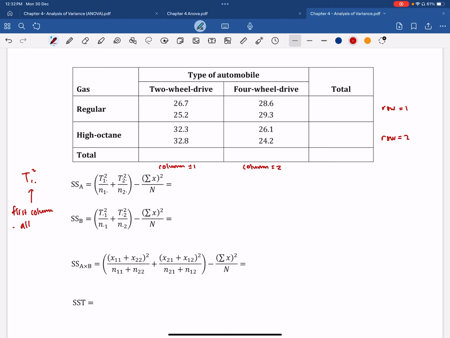So you have to add all of these to get this particular total. For this total, 26.7 plus 25.2 plus 25.6 plus 29.3, we will get the answer 109.8.